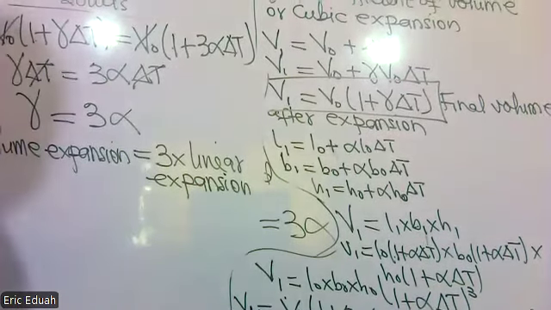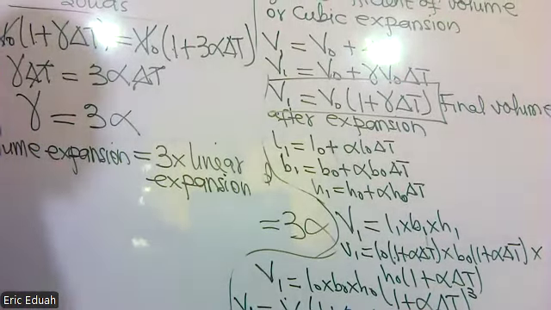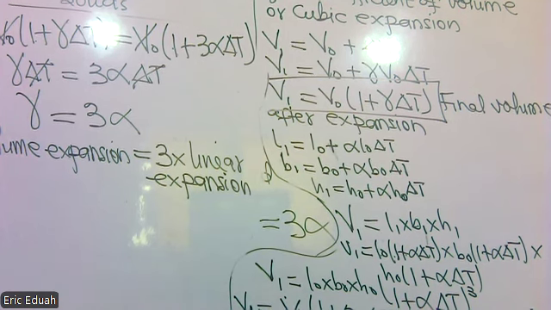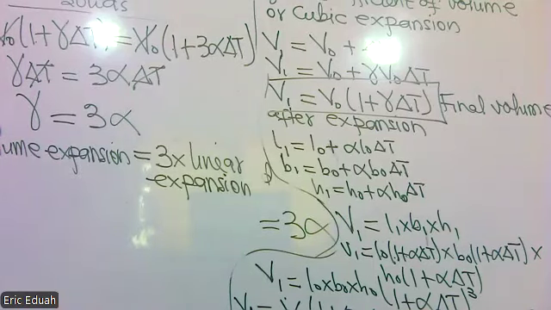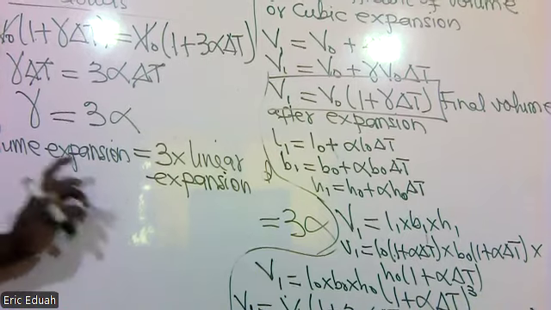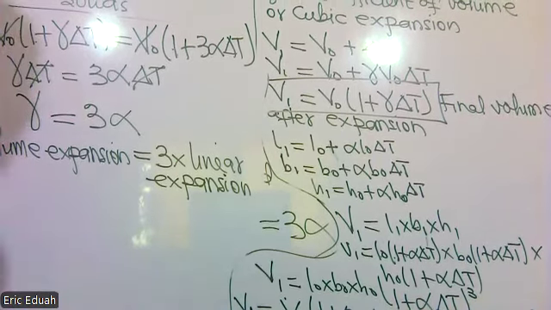That's the proof. So if a body increases linearly by 3%, its cubic expansion will be 9%, because volume expansion is 3 times linear expansion, and that is all.